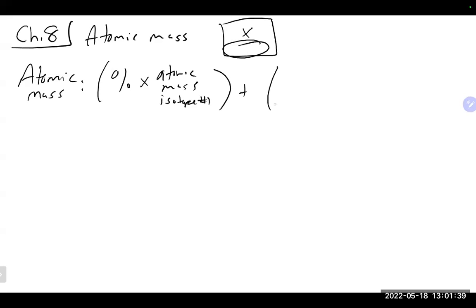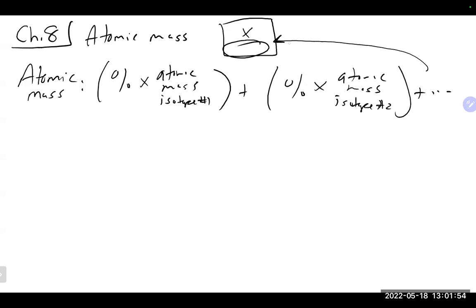We then add it to the percent abundance times the atomic mass of isotope number 2. And then you continue that pattern if you add more. And that again is how we get to those numbers that we do see on the periodic table.